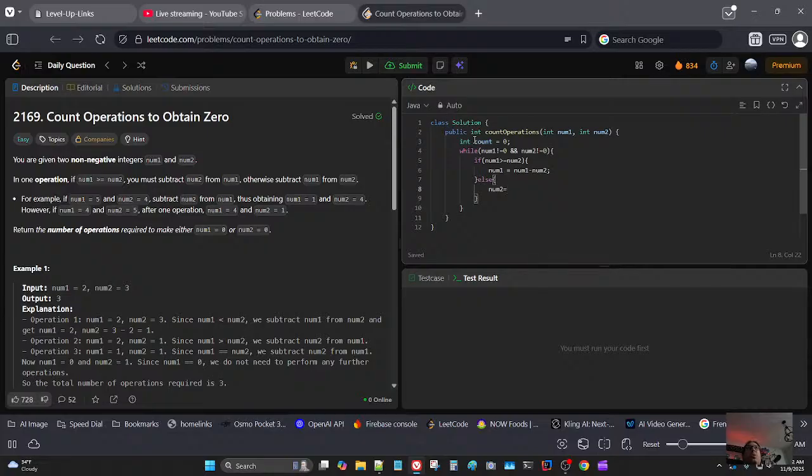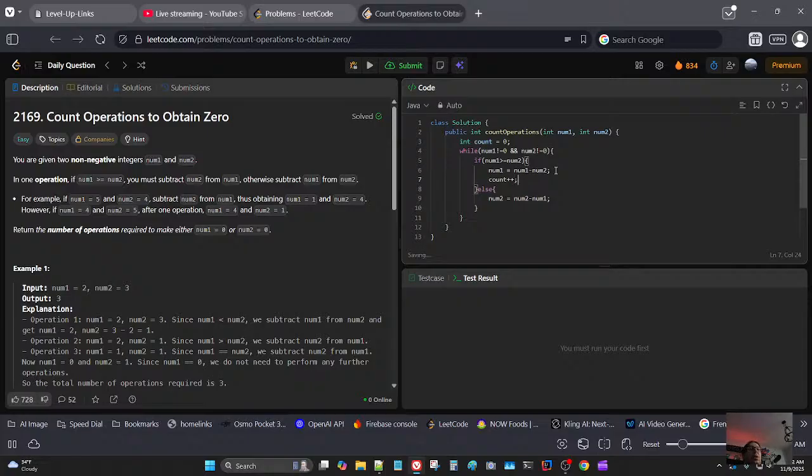So num2 would equal num2 minus num1, because it's the alternate situation. And then you also have to count the number of times you do these things. So you'd put like count plus plus.